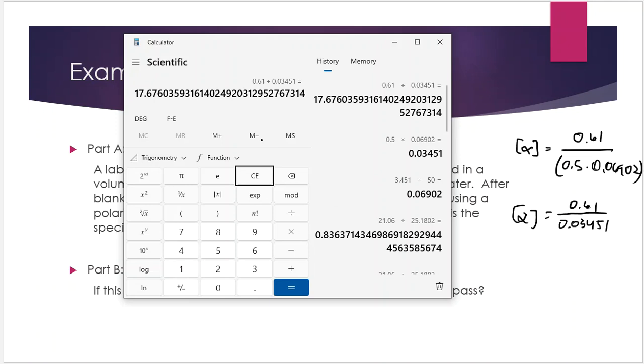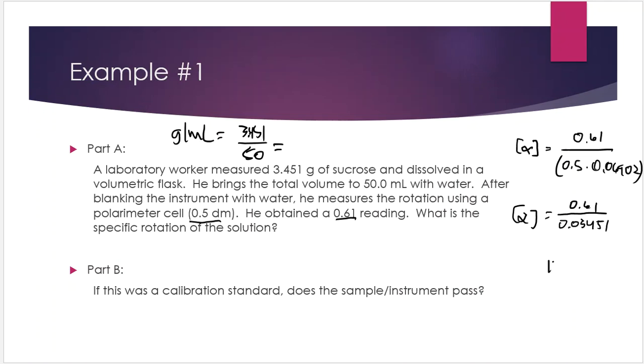That specific rotation says 17 point, let's round it to 2 decimal places, 17.68. So 17.68 is my specific rotation. This is a positive number. I know it's a positive number because the laboratory value was understood to be positive.